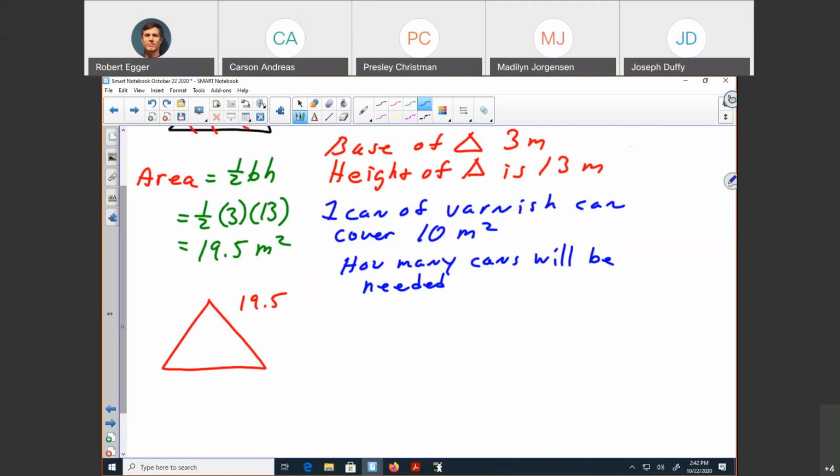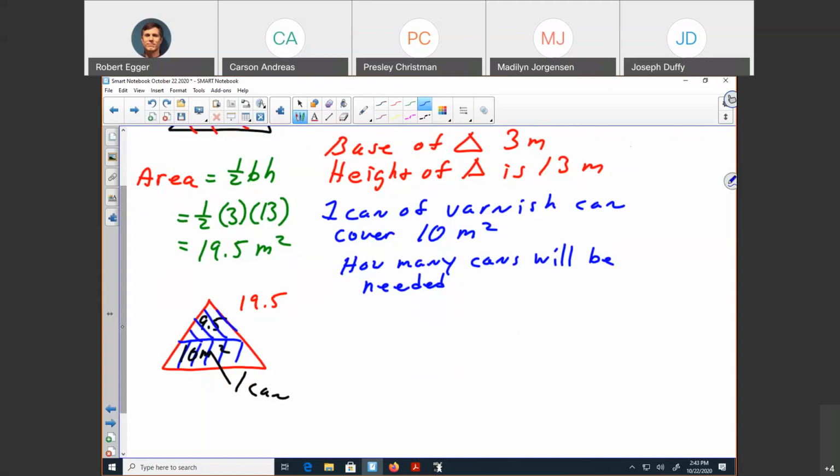So one can gives me 10. So I have at least one can, which is 10 meters. That leaves 9.5 left, so I'm going to need at least another can. So it looks like it's going to take roughly 2 cans, visually, graphically.